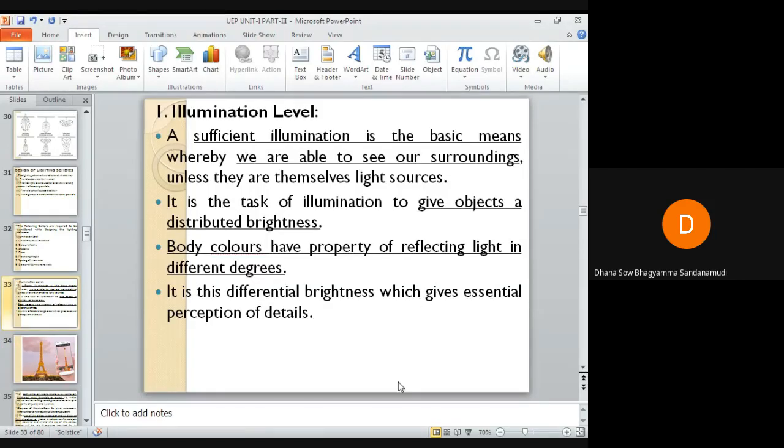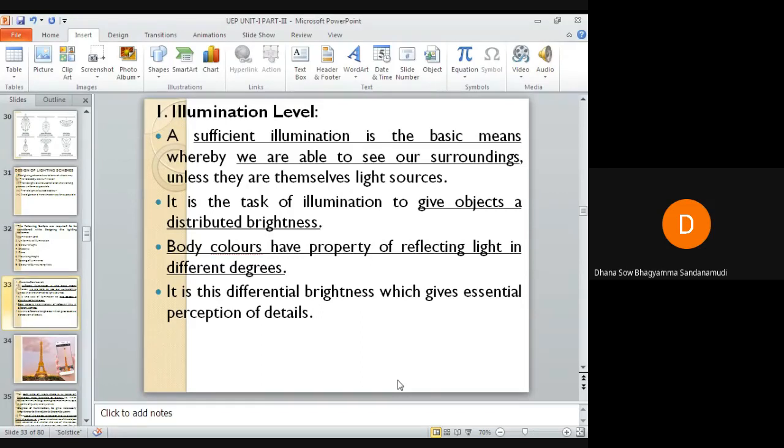The first factor is the illumination level. Sufficient illumination in a room is very, very important. If sufficient illumination is there in a room, then only we can see our surroundings.